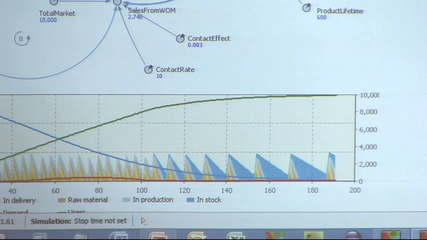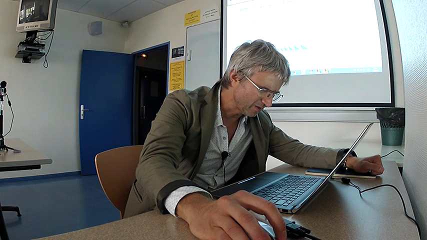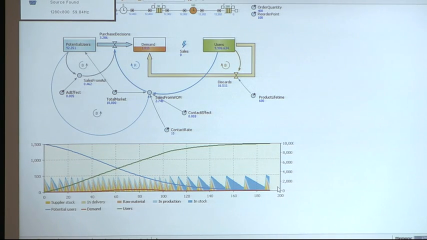Okay, these color things are the inventory: supplier stock, in delivery, raw material, in production, and in stock. You see that the pattern of the supply chain dynamics changes over time. And it changes as the market gets saturated, because after the market gets saturated, the only sales you have are because of product discards.